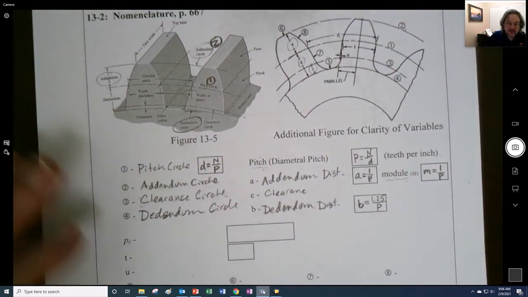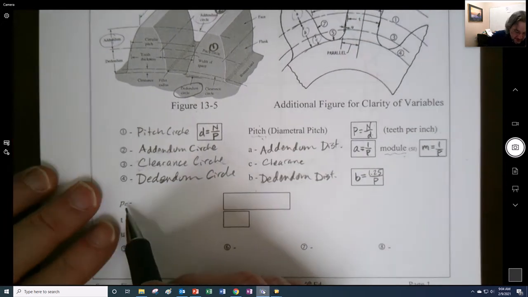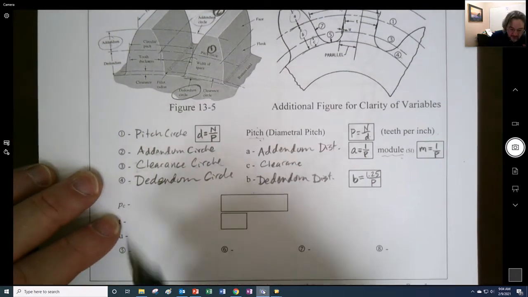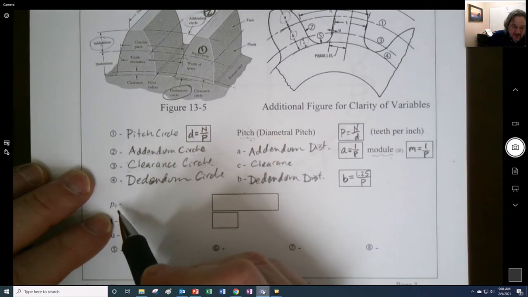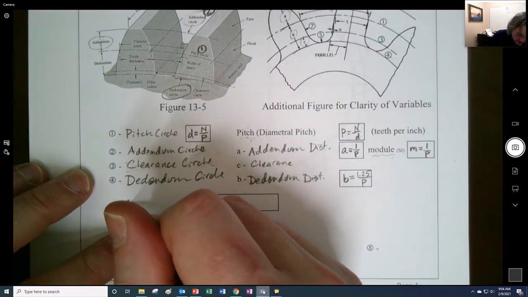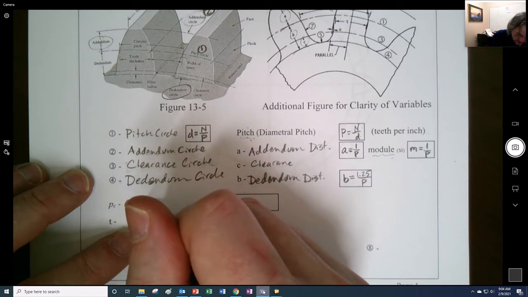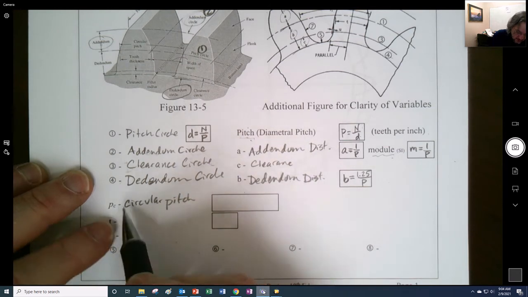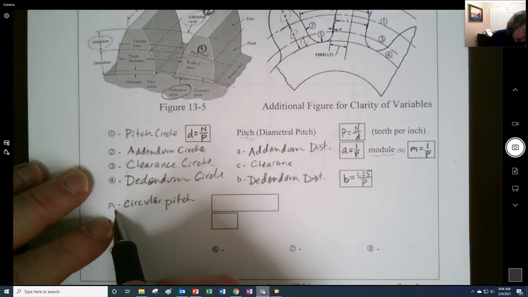Now we continue with some more nomenclature here. They will change this in some places just a little bit, but this lowercase p is now going to be the circular pitch, right? They won't always put that lowercase c, but quite often they will.